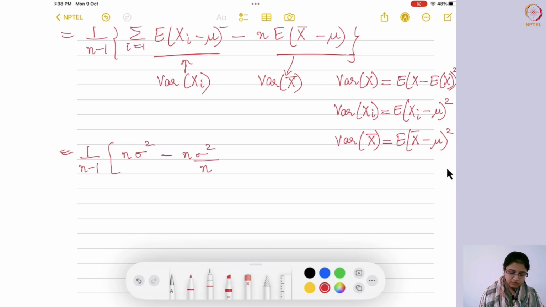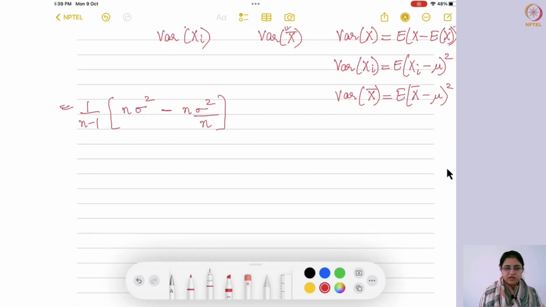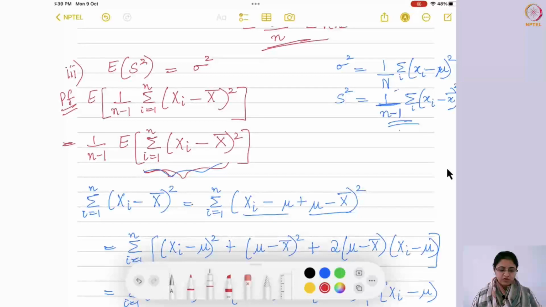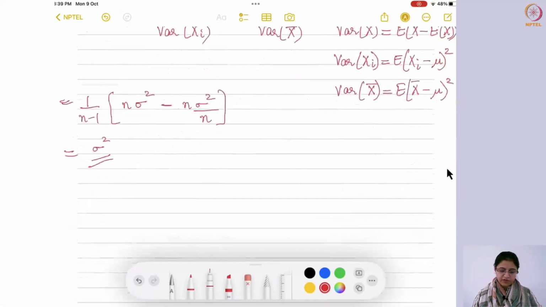So we will substitute that over here. Now n will cancel, n minus 1 will also cancel out, and you will be left with just sigma square over here. So you have proved that if I take the expectation of the sample variance, you get the population variance, as we have obtained over here.